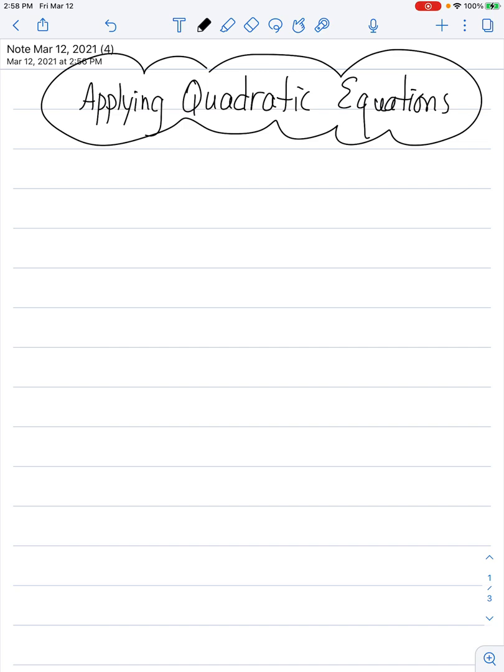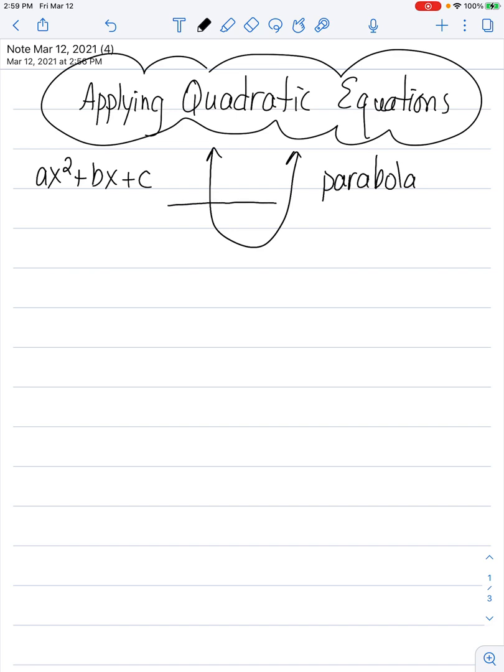Quadratic functions, ax squared plus bx plus c, is the standard form of a quadratic equation. It forms something called a parabola, that's the shape of the graph. Like this is your x-axis, this is your y-axis.